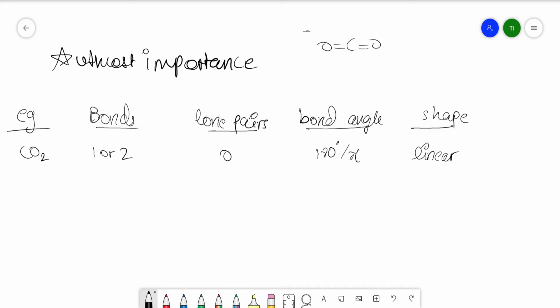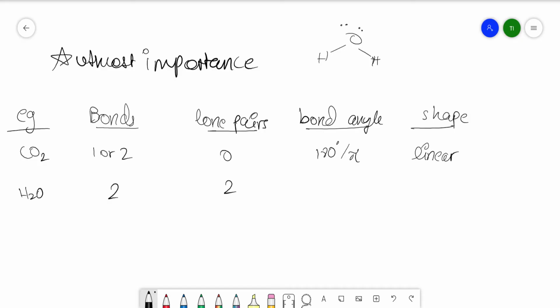Now, the second one is when there's two bonds and two lone pairs. An example is water. Let me just draw that out. So water, O, H, and H. So there's two bonds and there's two lone pairs. And recall that the lone pair bond pair repulsion is greater than bond pair repulsion, right?